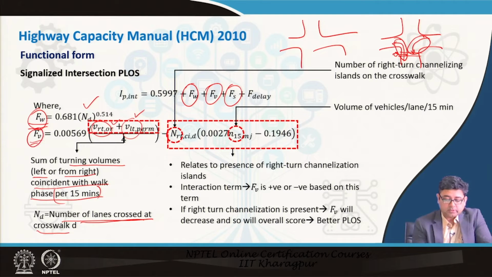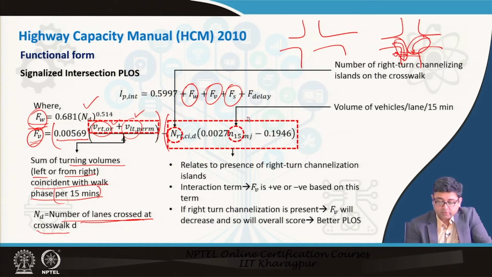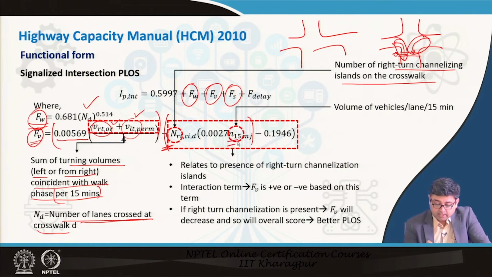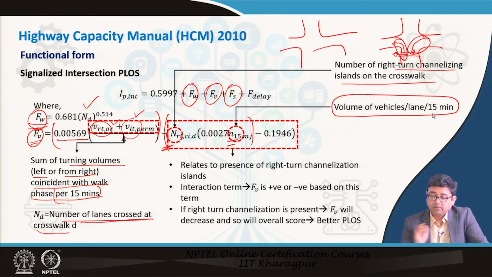So, if you know the volume, you just add it, divide it by 4, multiply it by that factor and you will get the first element in FW. The other elements in FW are N, which is the number of right turn channelized islands on the crosswalk. If there are any channelized islands, you just have to count them. It is as simple as 1 or 2, most likely there are never more than 1 or 2 channelized islands, and the smaller n gives you the volume of the vehicles per lane per 15 minutes.